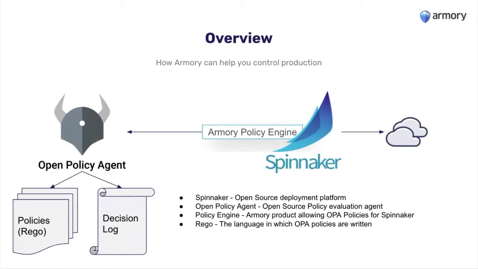The decision log is an audit history of every policy decision Open Policy Agent has made. So every time you do a deploy with Spinnaker, Armory Policy Engine reaches out to Open Policy Agent, and Open Policy Agent makes a note of what the policy check was, what infrastructure you were trying to deploy, as well as whether that deploy was allowed to happen. What was the decision?